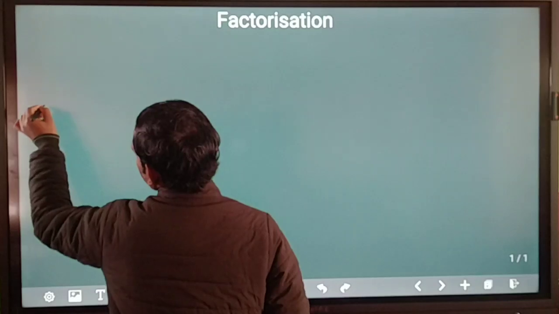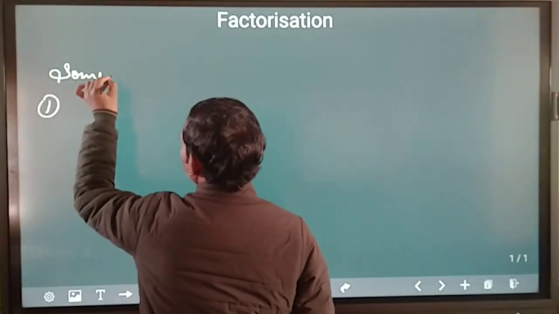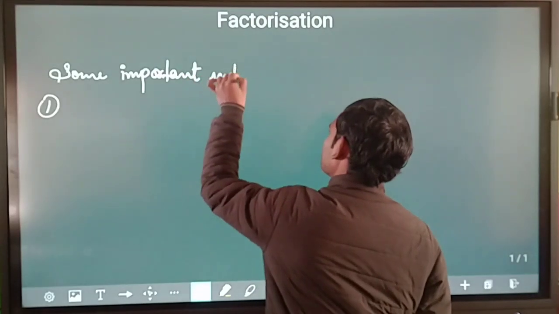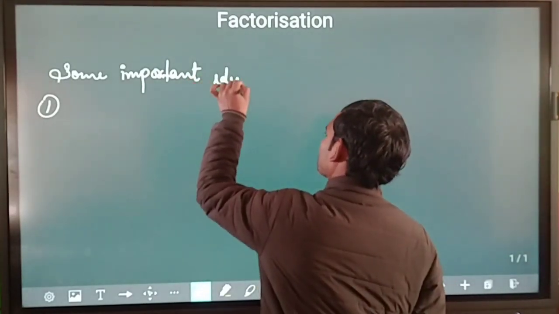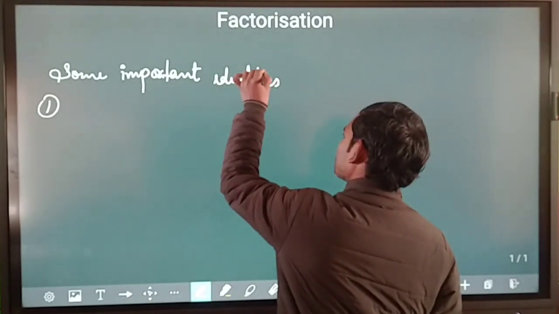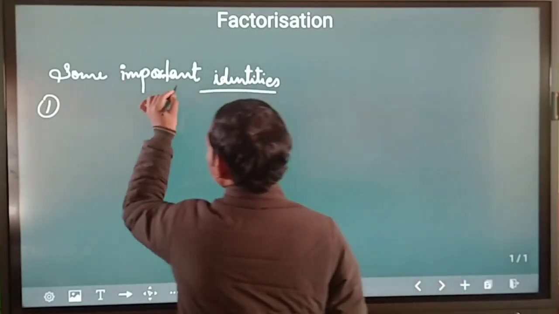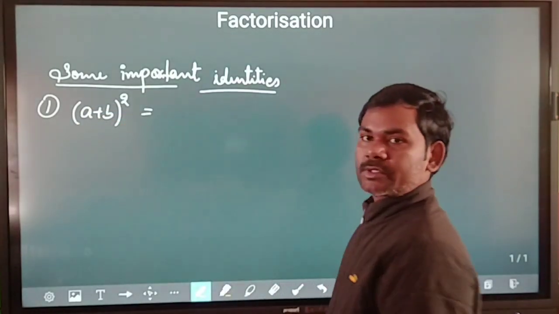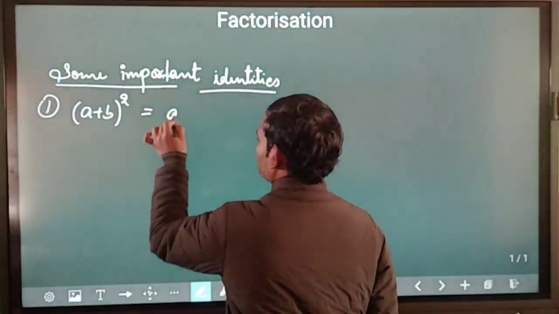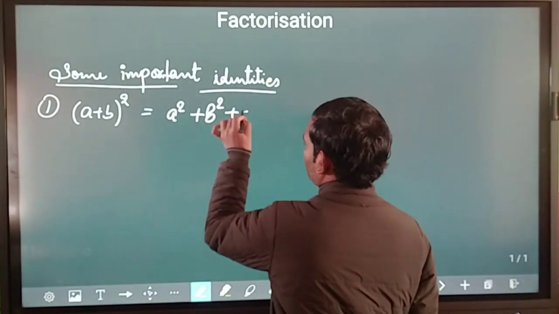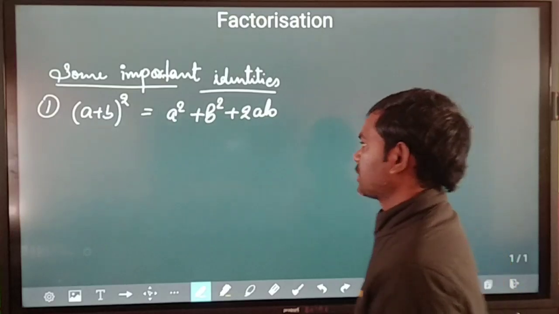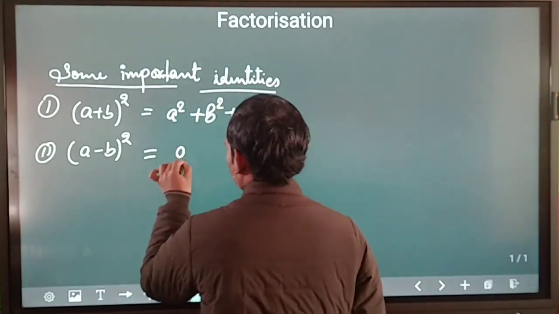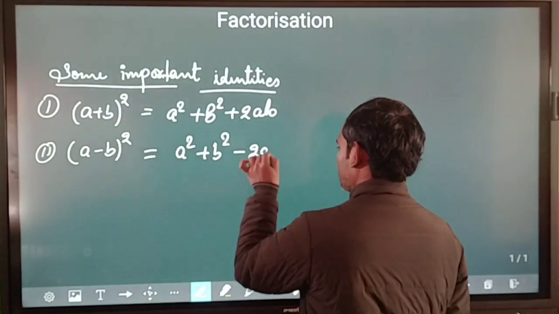There are two identities. The first is the whole square of a plus b, which is given by a square plus b square plus 2ab, and the second one is the whole square of a minus b, which is given by a square plus b square minus 2ab.